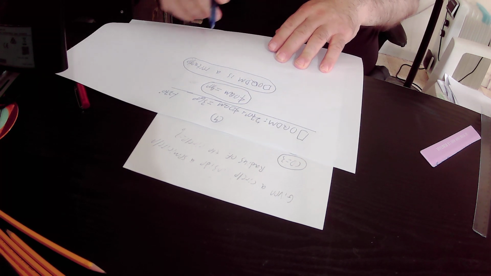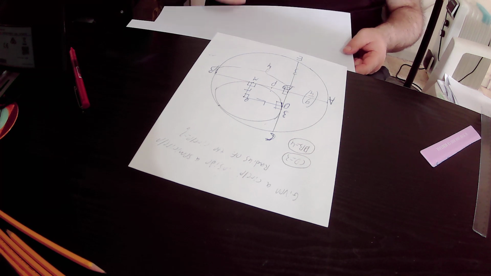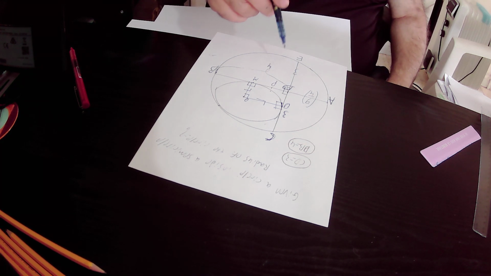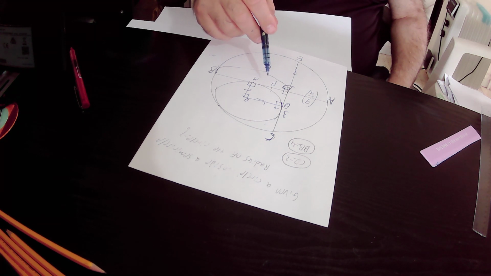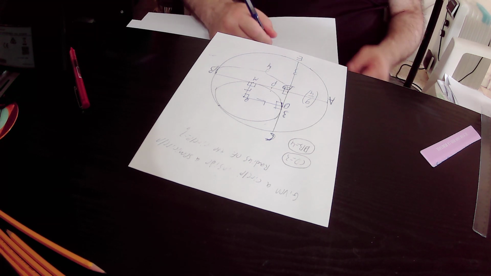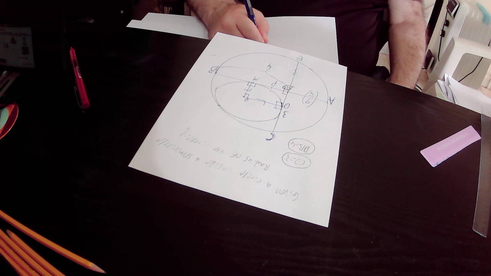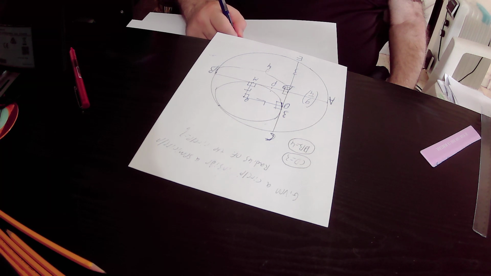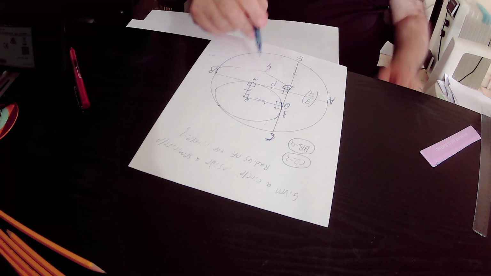Okay? And we know that the opposite sides of a rectangle are equal to each other. That is to say, in rectangle OQDM, we'll get that OQ equals DM.